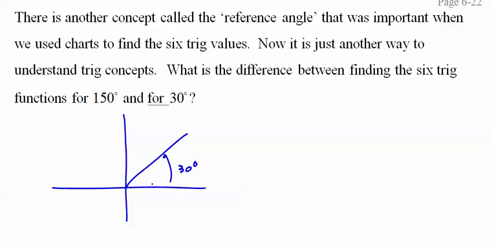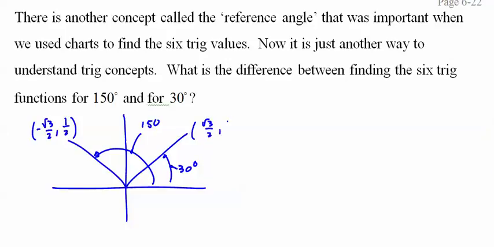30 degrees and 150 degrees. And why? Well, if you think about it, the coordinates here are negative root 3 over 2, 1/2. And the coordinates here are root 3 over 2, 1/2. So you can see that sine's the same, which means that cosecant's the same.